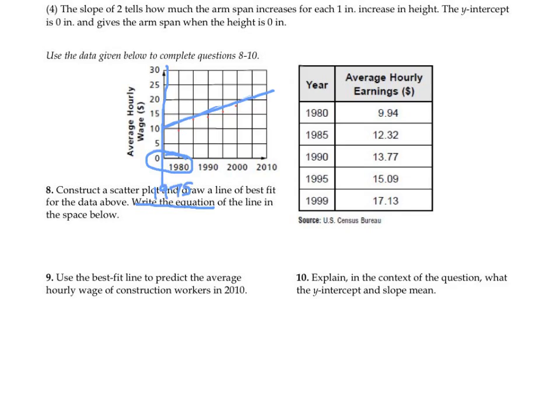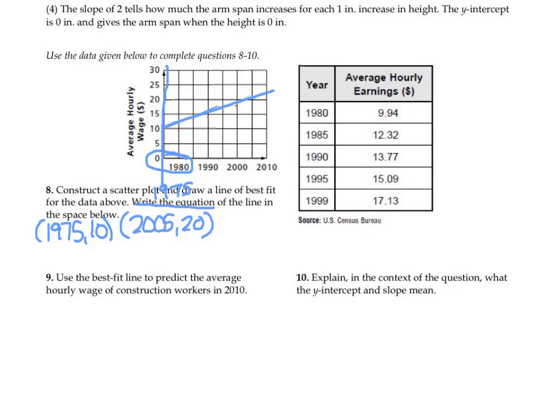And so my y-intercept, I really don't know what that is, and I'm going to have to figure it out. So my first point that I have on my graph that we used to make the line from was over 1975 up 10. Our other point that we used was over 2005 up 20.